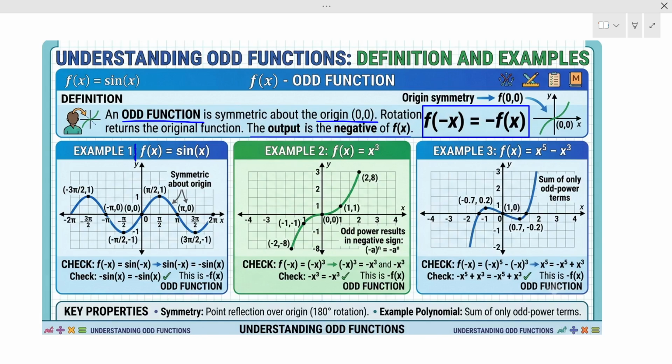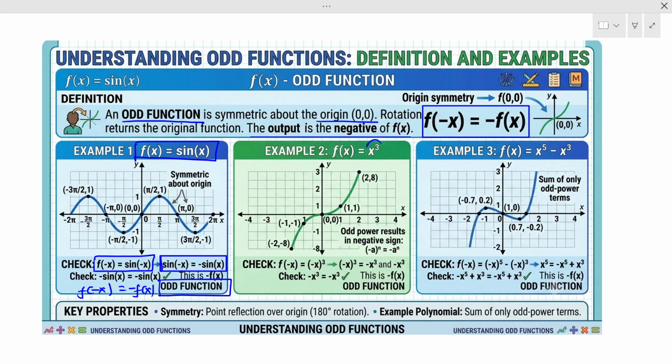You can see the first example, f of x equals sin x. If we put f of minus x, that will be sin of minus x, and we all know that sin of minus x is minus sin x. So from here we can see that f of minus x equals minus of f of x, which means that it is an odd function.